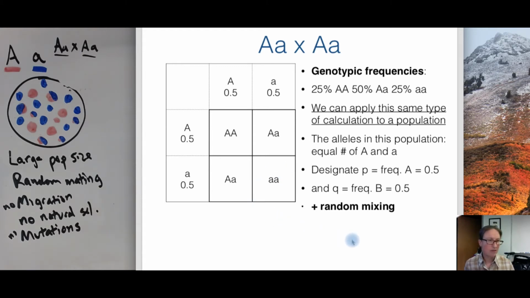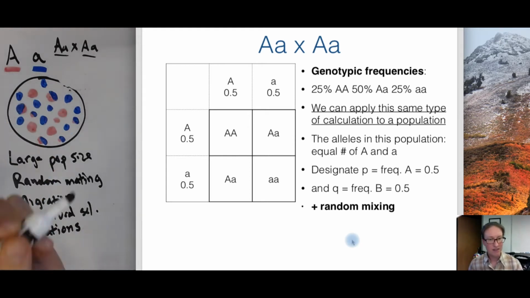And the thing I want you to realize now is that we can apply the same type of calculation to figure out genotype frequencies in a population. So in the current population here, there's an equal number of big A and little a alleles. And Hardy-Weinberg added a little bit of math to this.